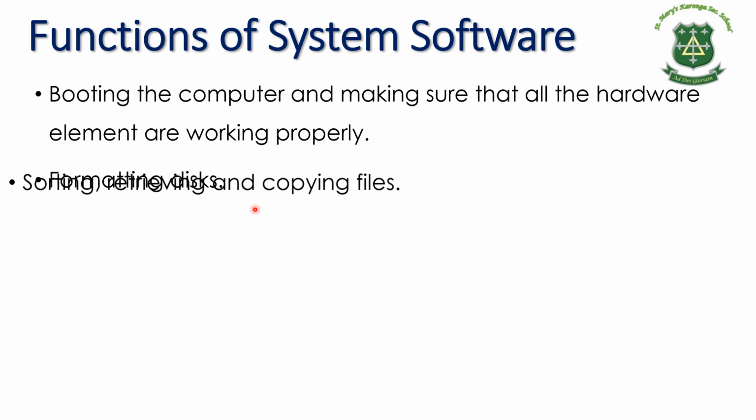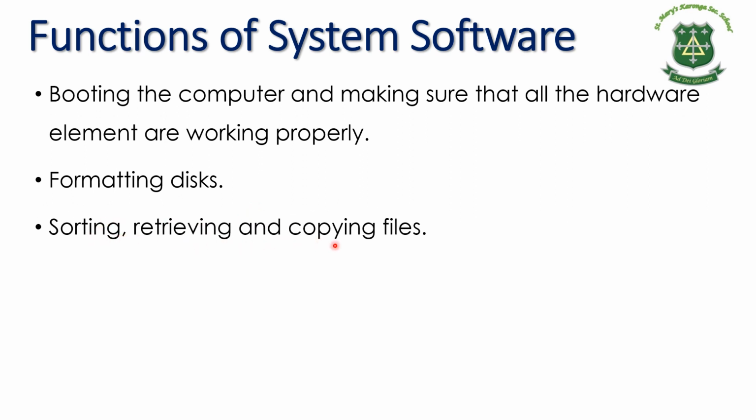And also sorting, retrieving, and copying files. When you are sorting the files, retrieving files from another source, or copying files into another storage or another location, then you are using the system software.